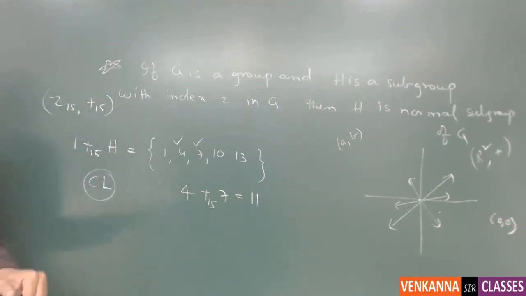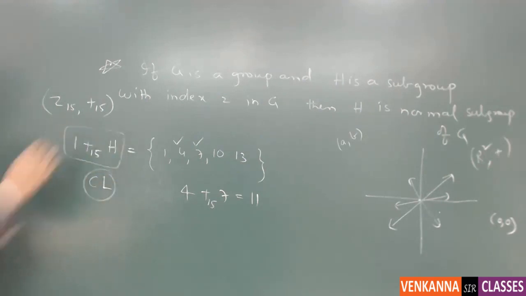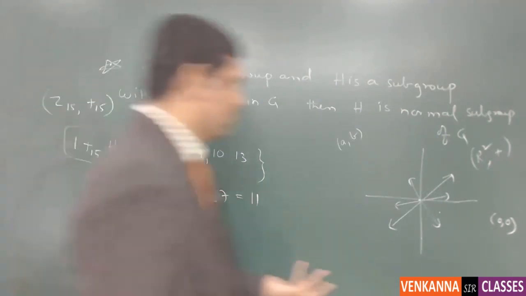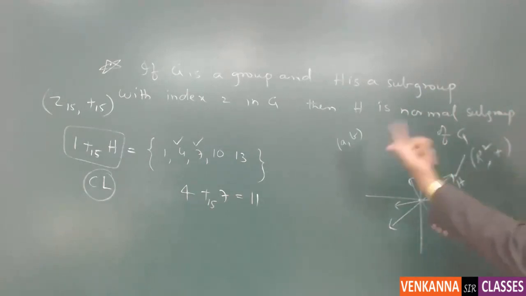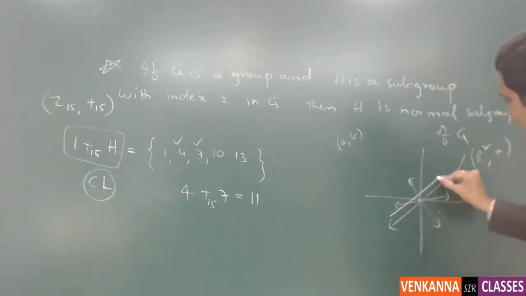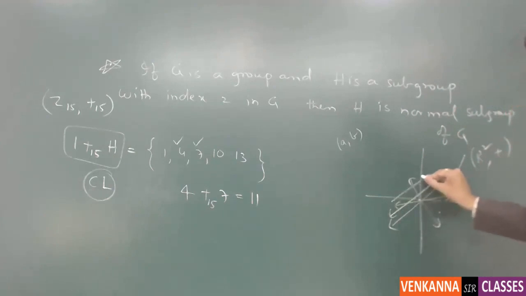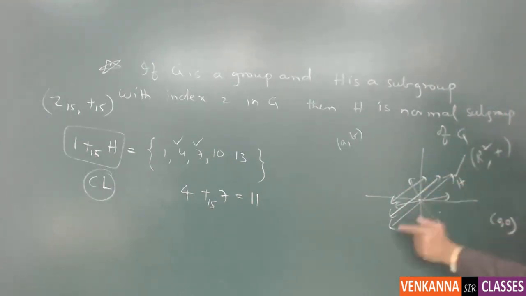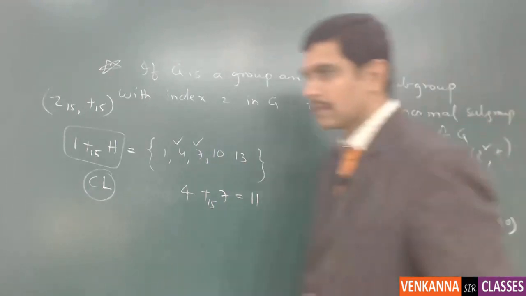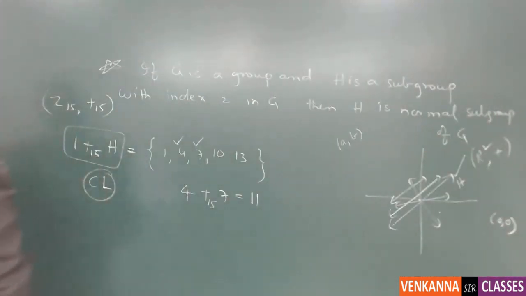And what is meant by a coset? As you have taken 1 plus H, it means that for this subgroup H, you are adding 1. So this is a line parallel to H. So you are considering the parallel lines by taking a fixed subgroup H. Okay? Clear now?